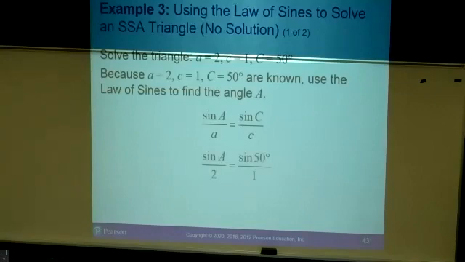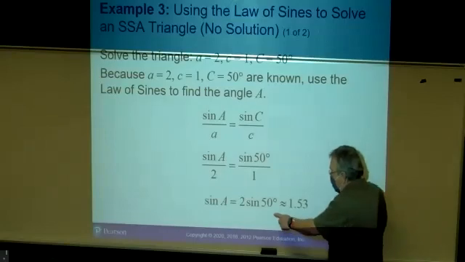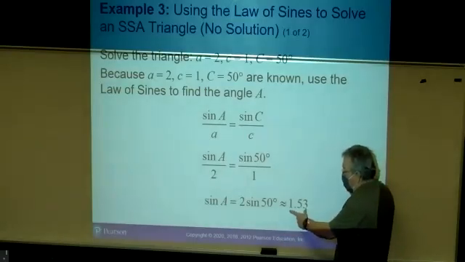So 2 times the sine of 50 is what the sine of A is. So we do the sine of 50 times 2, which is approximately 1.53. What's wrong with sine of A equaling 1.53?